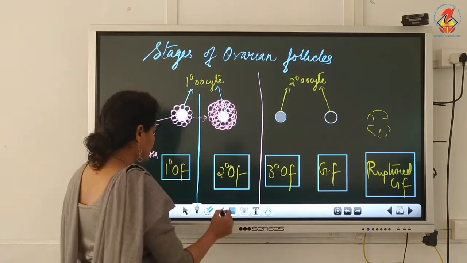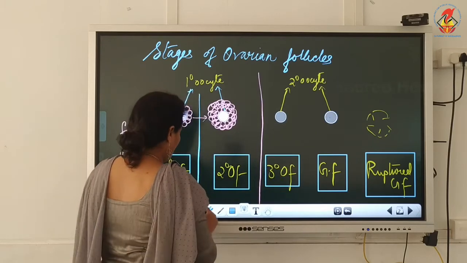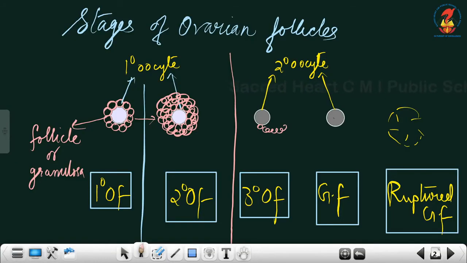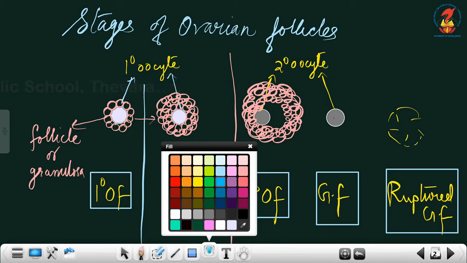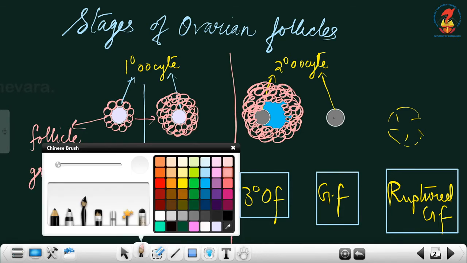So, this is secondary oocyte, here also this is secondary oocyte. Now, what happens here is the granulosa cells get organized in such a way that it incorporates a fluid filled cavity. I'll indicate fluid with blue color, a fluid filled cavity called antrum.